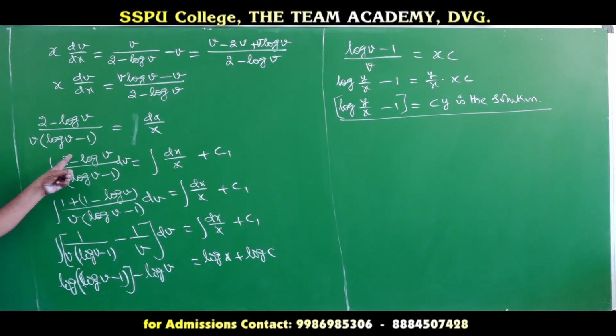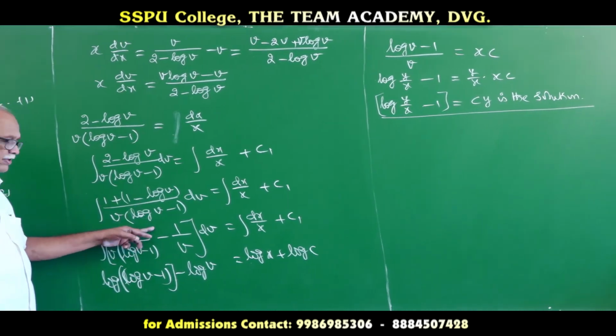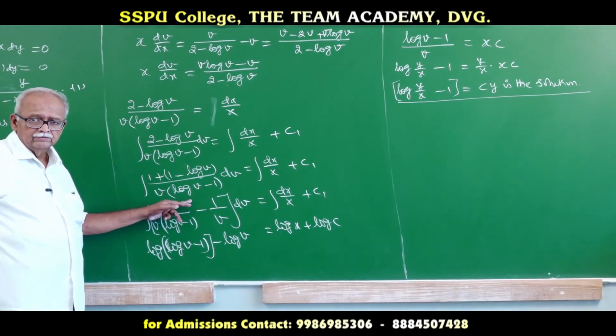So here 2 minus log v by v into log v minus 1, how to integrate? Differential equation is nothing but application of integration. So formation of differential equation is differentiation. For the solution of differential equation, we have to know how to integrate. See how I have integrated: we have written 2 as 1 plus 1, 1 minus log v and log v minus 1 are negative of each other.